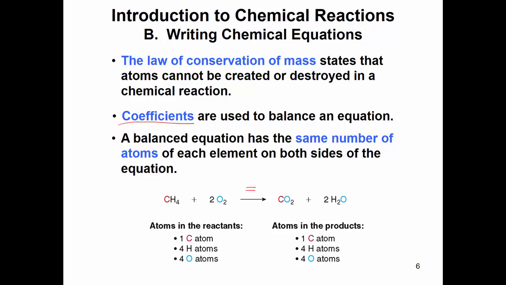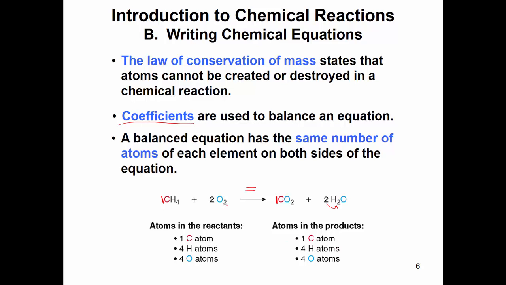So let's see this. Here we have an understood 1, so you don't have to draw that, but we have one carbon. Over here, understood 1, we have one carbon. So our carbons are balanced. If you look at hydrogen, we have 4, 4 times 1, you multiply by the coefficient. We have 4 hydrogen atoms. And over here we have 2 times 2, so we have 4 hydrogen atoms.